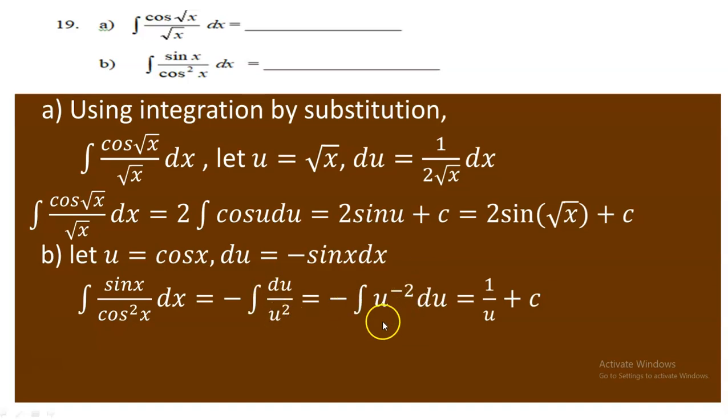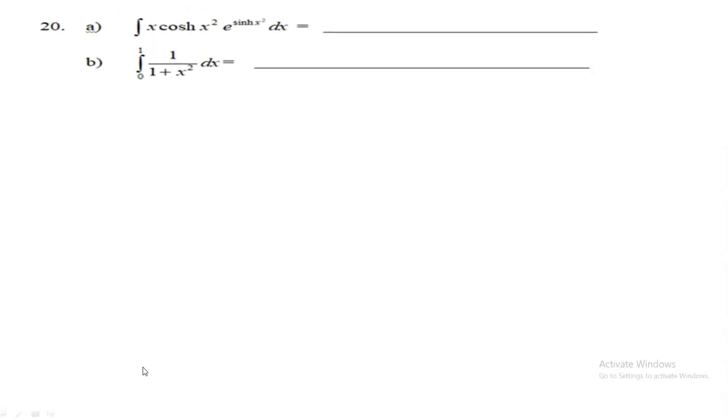So adding 1 to the exponent, minus 2 plus 1 is minus 1, minus cancels minus, then 1 over u comes along, right? 1 over u plus a constant c, but we know what u is, right? u is cos x, so putting cos x here, and we know that 1 over cos x is sec x, right? So sec x plus c comes. It is this function whose derivative gives the integrand here, okay? So what comes next is question number 20, and here you are also given two integrations.